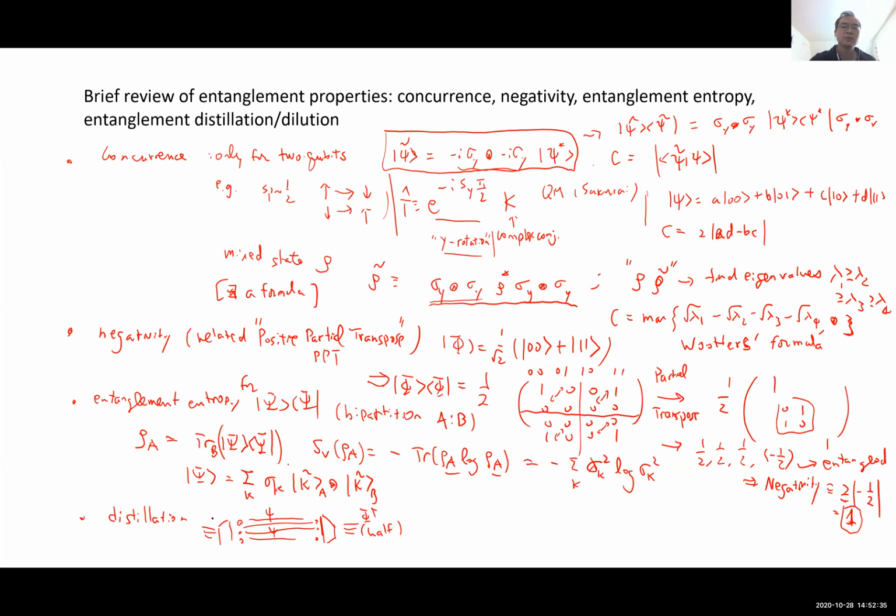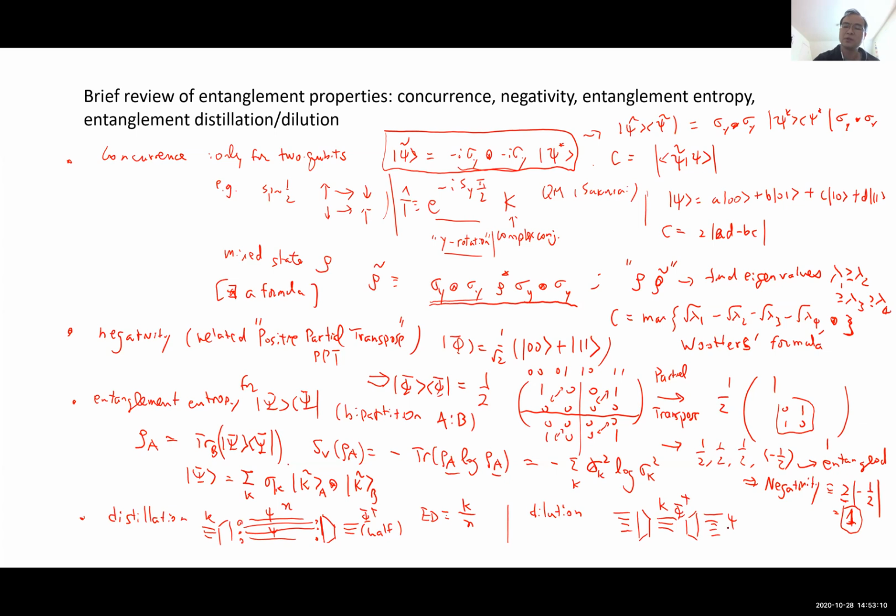Okay, so if you start with N and distill only K, this entanglement of distillation is defined as K over N. The reverse process is called entanglement dilution, which is the other way around. So imagine you have K copies of Bell states, and you want to generate more of the psi.